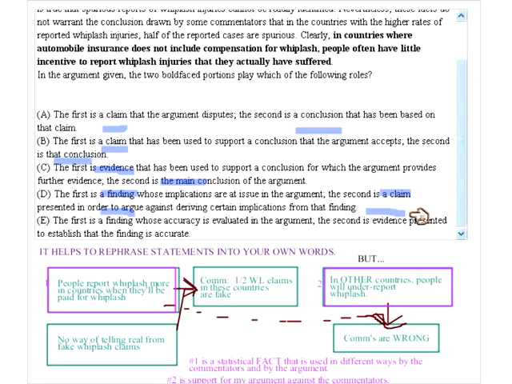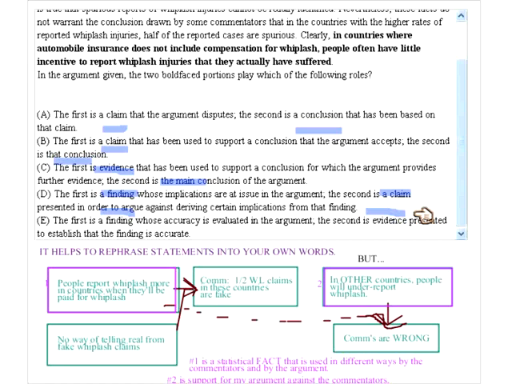It doesn't have to be a statistic. For example, this guy has blood on his hands is not a statistic, but that could be evidence for having committed some crime. But, okay, right, evidence actually has to be facts.